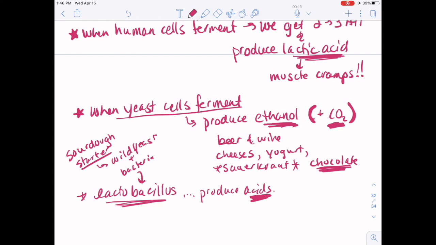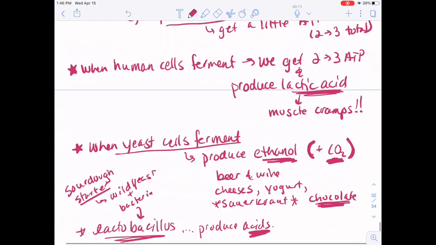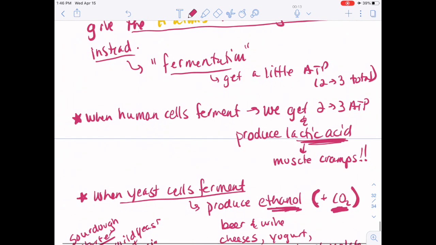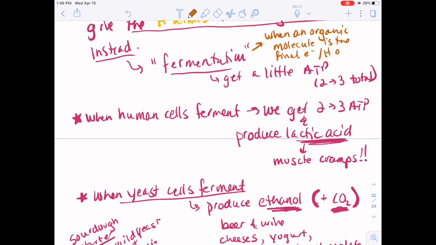So the fermentation process is really important to civilization. It's hugely important to the food industry, but your cells will do it as well if there's no oxygen around. The definition of fermentation is when an organic molecule is the final electron, or let's say the final hydrogen, acceptor.